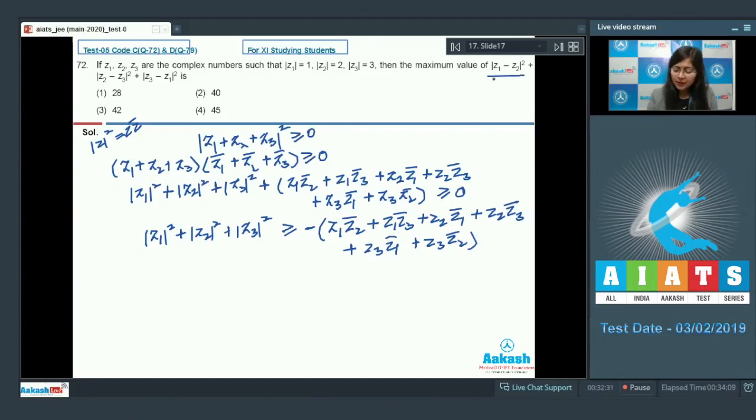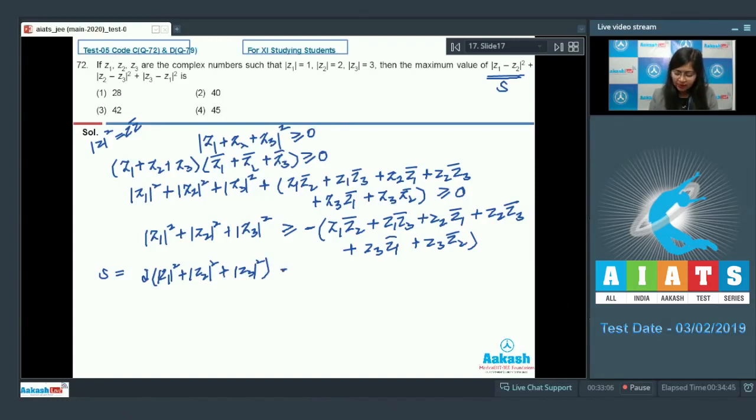Now we have to find the maximum value of this one, so let us expand it. It can be written equal to mod of (z1 minus z2) whole square, that is mod z1 square plus mod z2 square minus 2 times z1 into z2, right? So similarly, expanding the 3, we will get 2 times (mod z1 square plus mod z2 square plus mod z3 square), right?